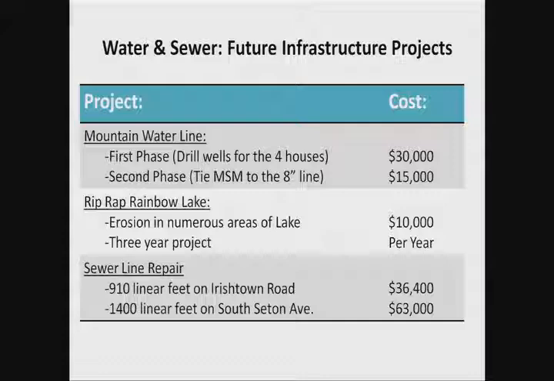We estimate we'll see savings because of the time spent repairing the line, the water loss from that line, and the I&I coming in that line as well. The second phase of that line would be tying the mount into the 8-inch line, and that's $15,000. So the first year phase would be $30,000. The second phase would be $15,000.